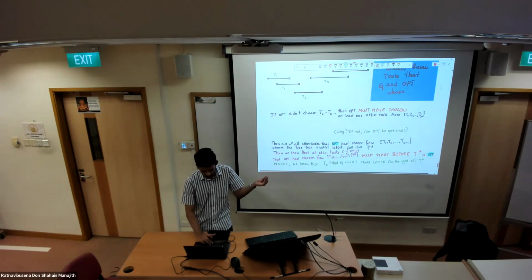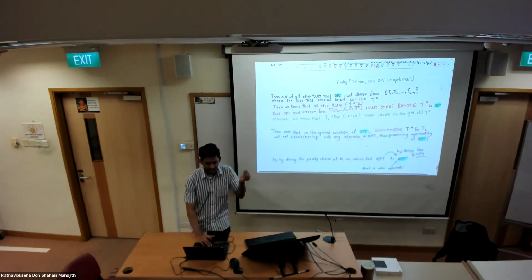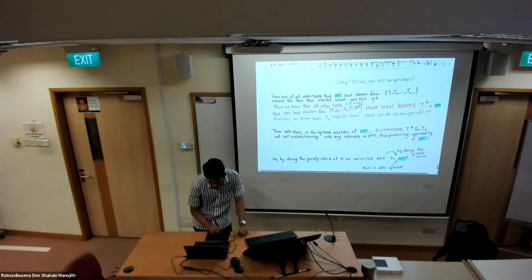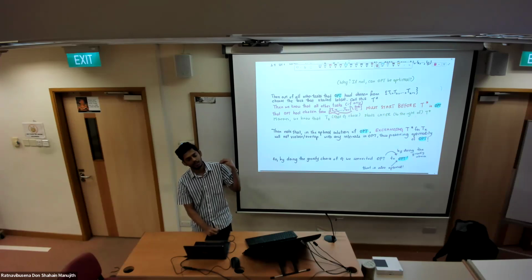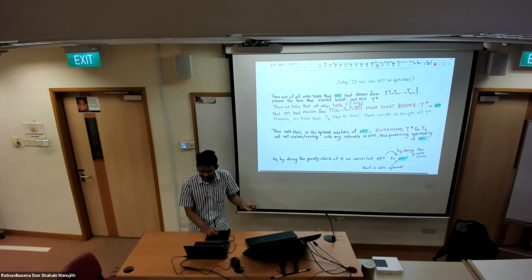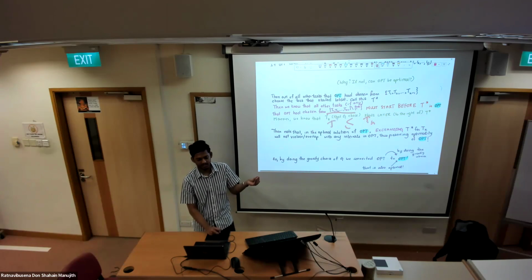If they start before T star, then exchanging T star for Tk will not violate any other activities that OPT chose from T1 until Tk minus 1 without T star. Because T star is the one that starts the latest among all these, and Tk starts even after T star.